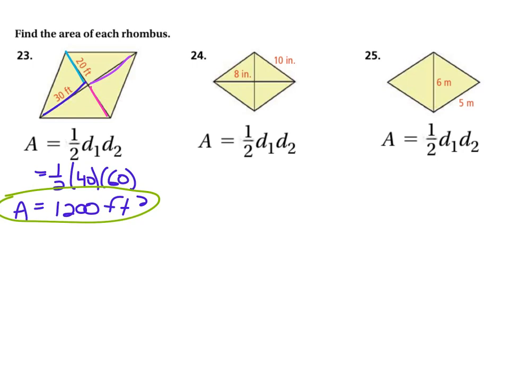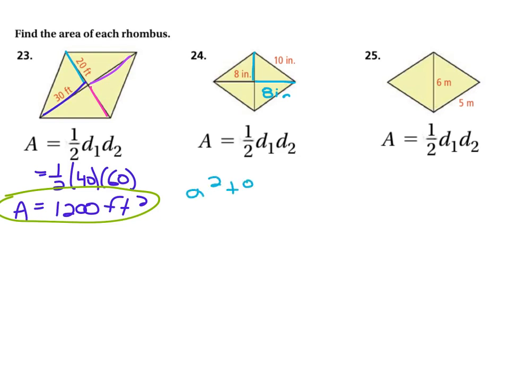We just happen to know with rhombuses, the diagonals are equal measure. That's why we knew that if that one was 30, that one was 30, and if that was 20, that was 20. So likewise here, this measurement is going to be 8 inches. What we're trying to do is say, what's this? You can use the Pythagorean theorem.